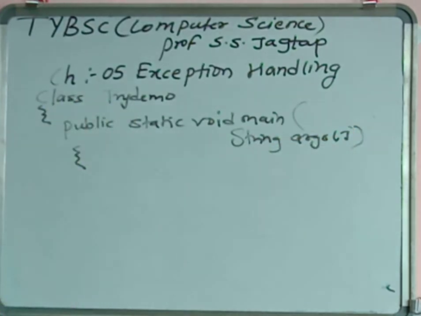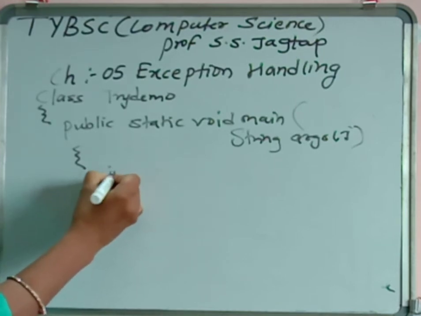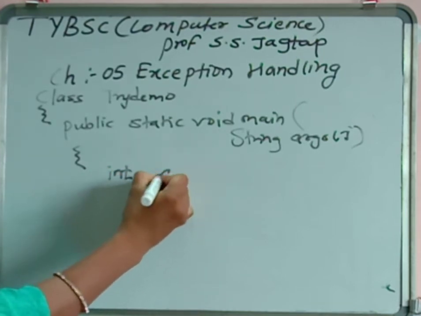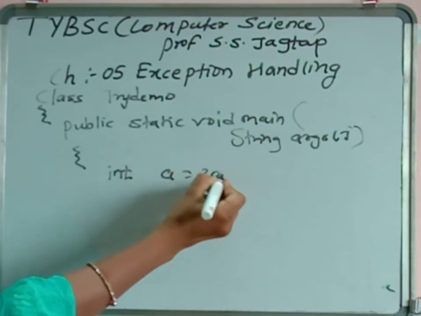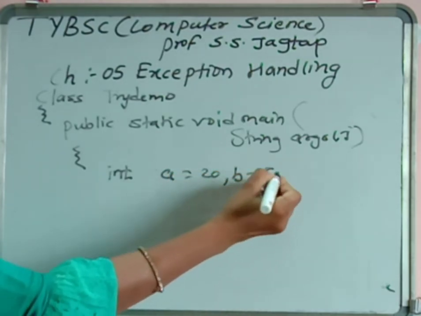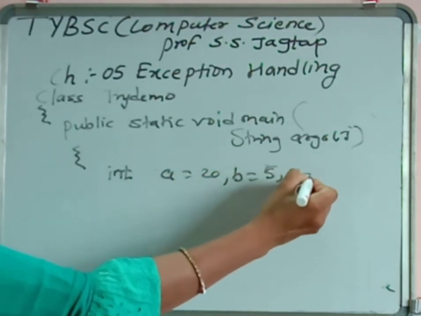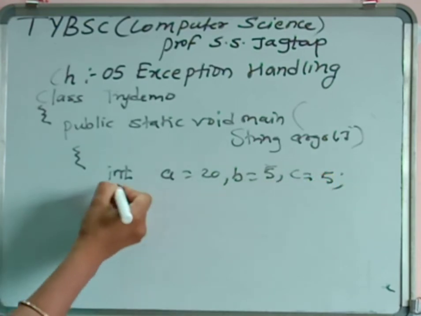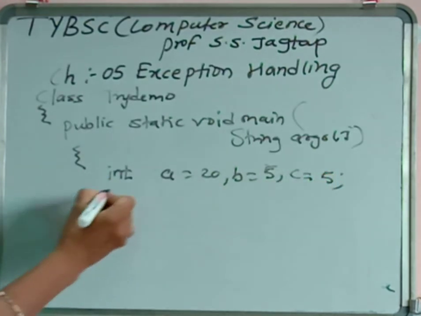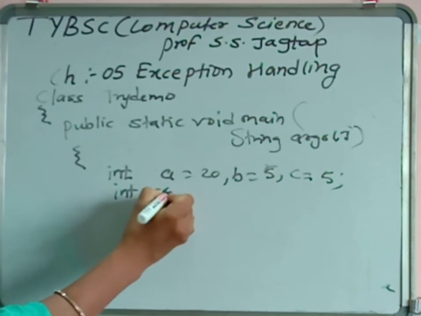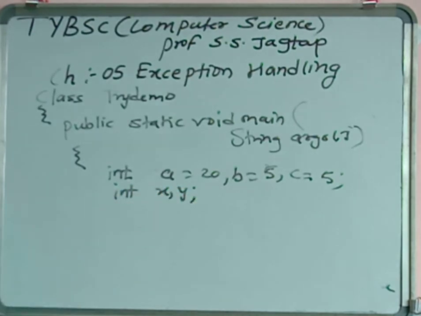That means our program name is also TryDemo.java. In that I will declare variable A having 20, B having 5 and C having 5, of data type integer. Again I will declare two variables X and Y of data type integer.